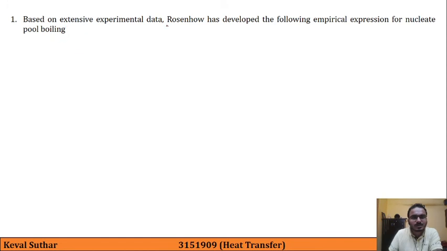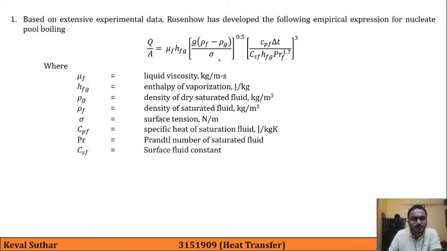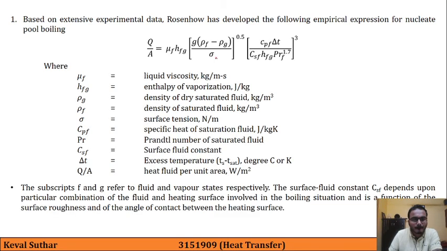Based on extensive experimental data, Rosenau has developed the following correlation for Q upon A, that is heat flux. Here we have the viscosity, latent heat, density, surface tension, specific heat, temperature excess and Prandtl number.